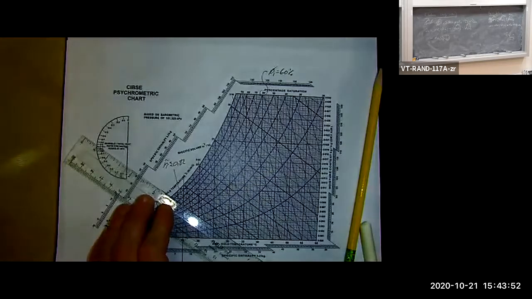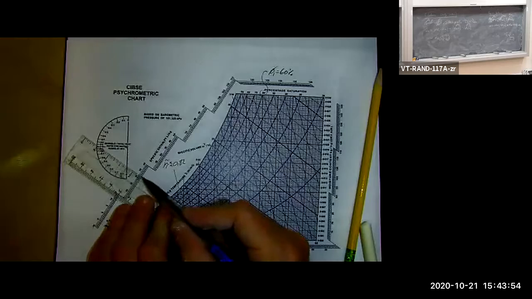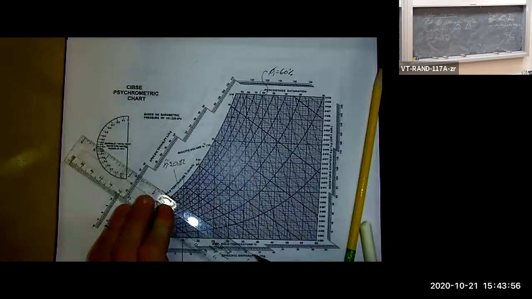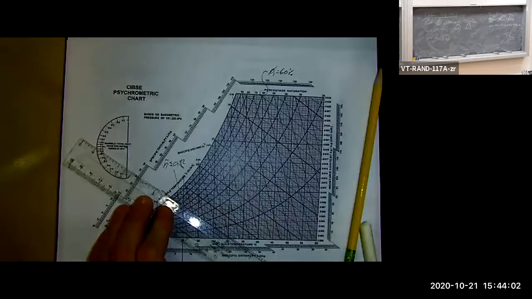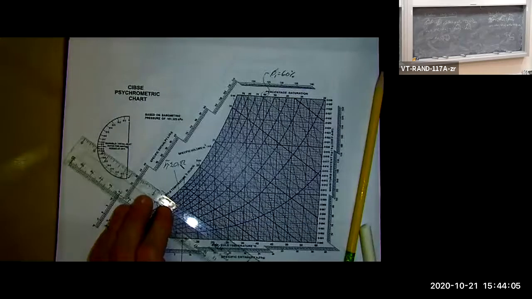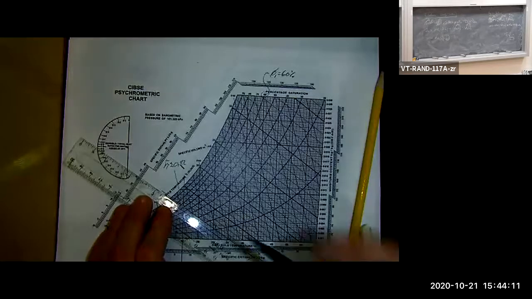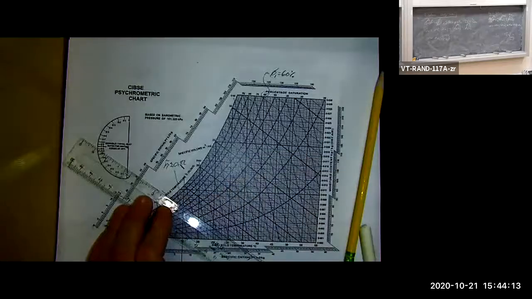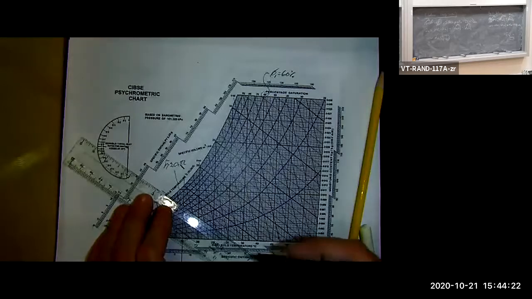Now, let's see, that says 30, 31, 32. It looks to me like it's right around 30, maybe 31.